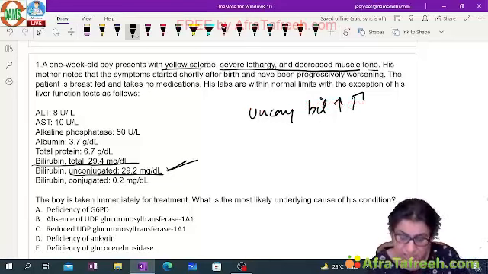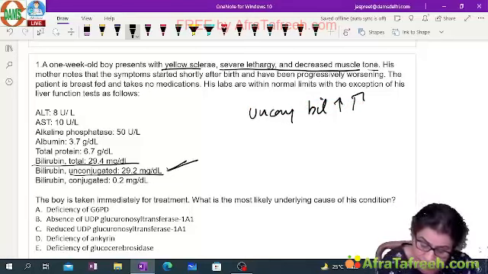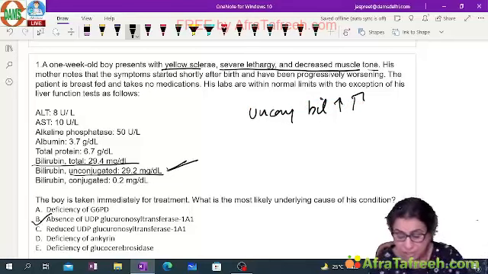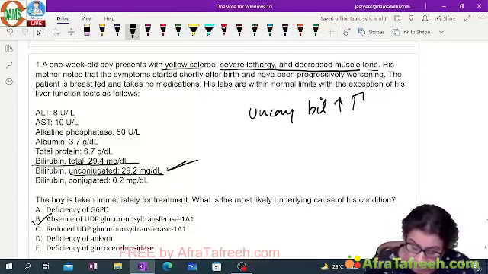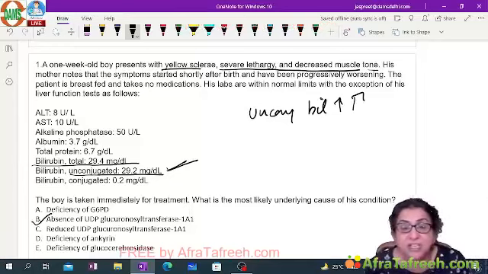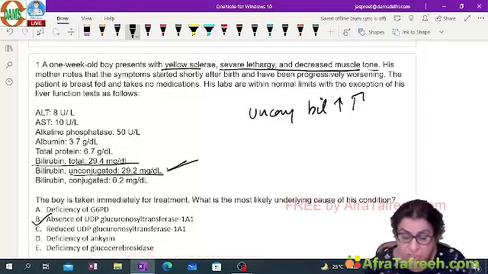The answer is B, that is absence of UDP glucuronosyltransferase. So this is Crigler-Najjar syndrome type 1. Now, deficiency of G6PD.